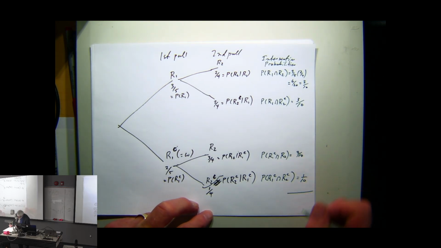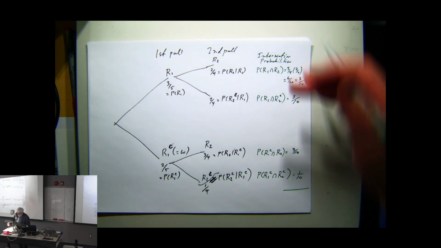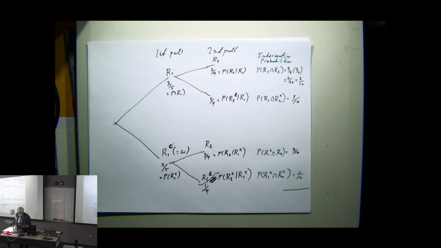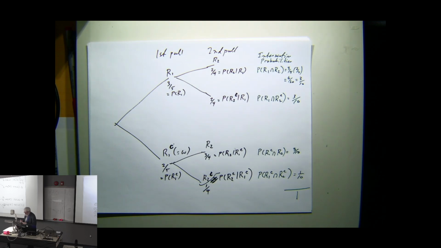And of course, the key thing to note is you could draw a Venn diagram with these of what happened on the first pull and what happened on the second pull. And you've got 4 intersections, and those 4 intersections are both mutually exclusive and exhaustive. That represents our entire sample space, all the possible outcomes for the experiment.